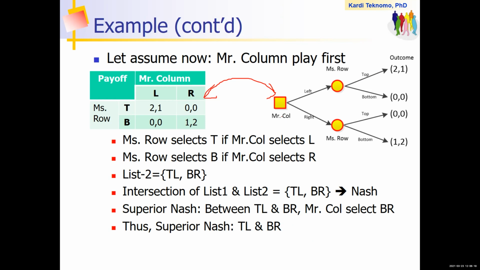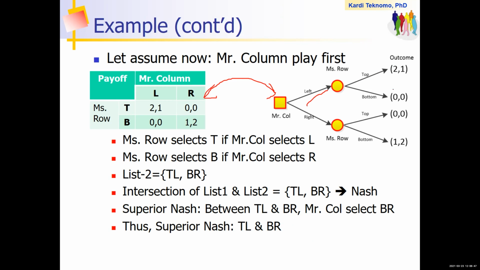But now Mr. Column plays first. Mr. Column has two choices, left and right. For each, Miss Row will select either top or bottom, and then you draw the payoff. Now, suppose Mr. Column plays left, what will Miss Row do?